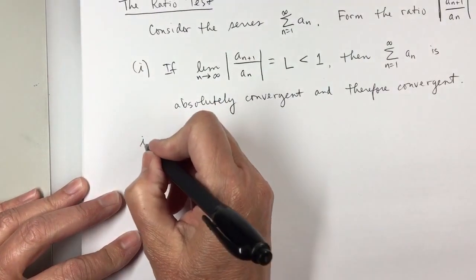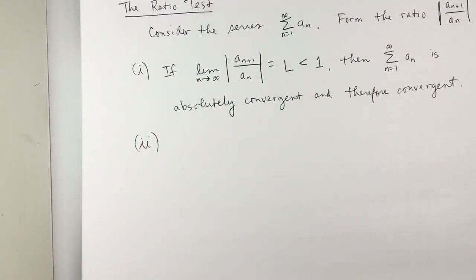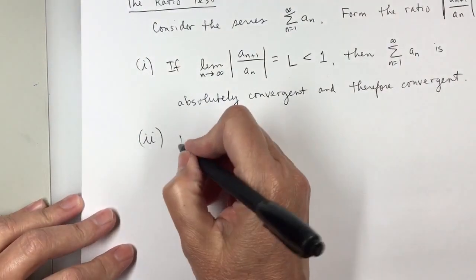And the second part of this test is if this limit equals some number L and it's greater than 1, or the limit does not exist or equals infinity, then the series is divergent.